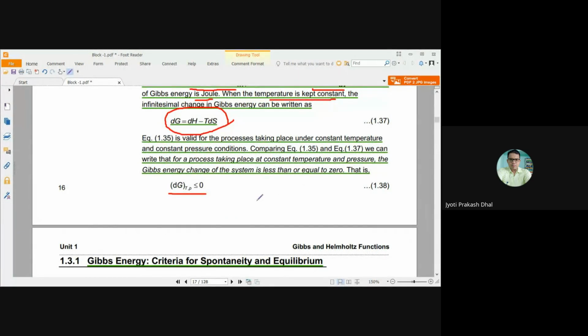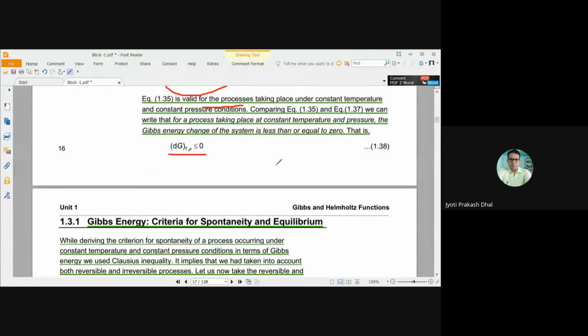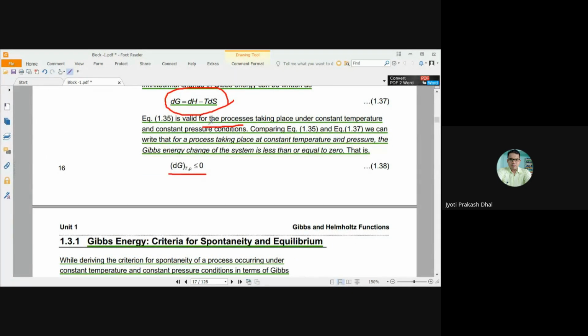From equation 35, the condition for spontaneity is that dH minus TdS should be less than 0. Equation 35 is valid for processes taking place under constant temperature and constant pressure.